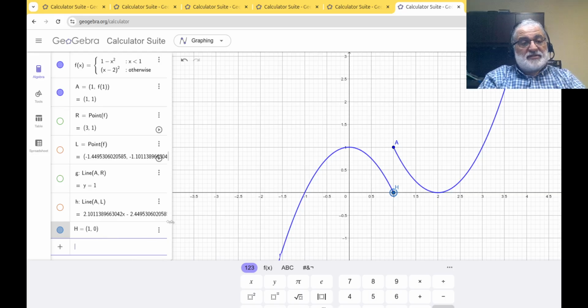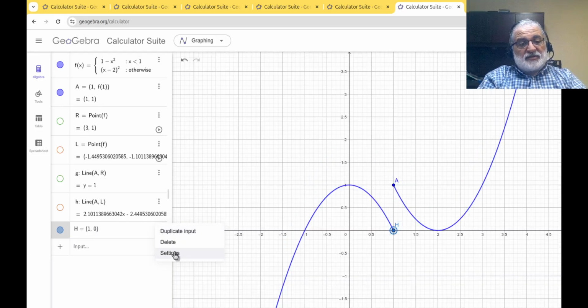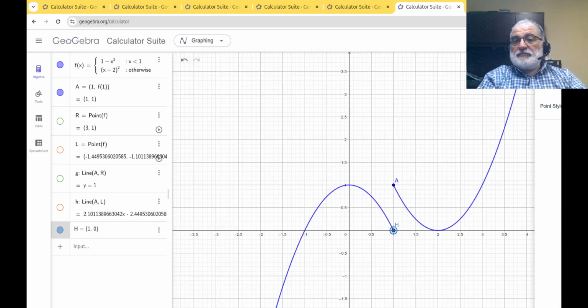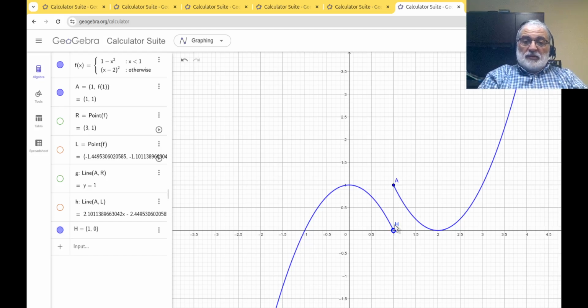So this here is a hole. This point down there does not belong to the graph of the function. It's A that belongs to the graph.